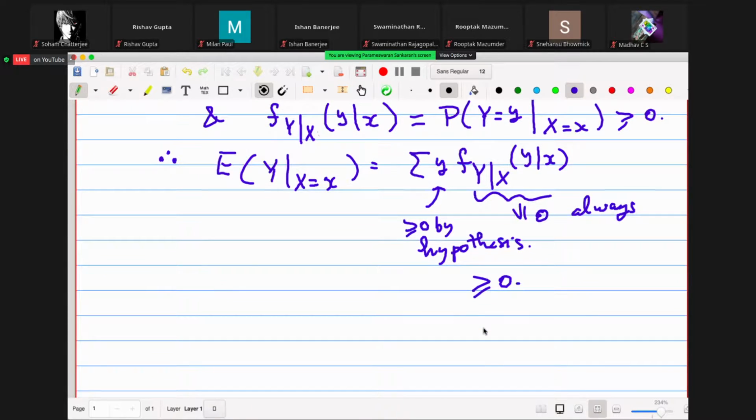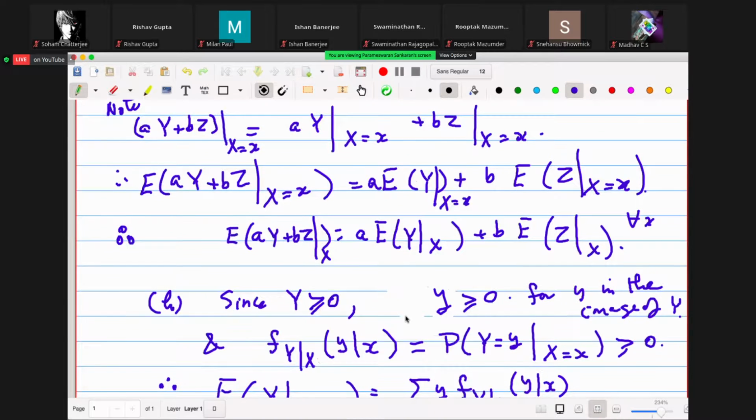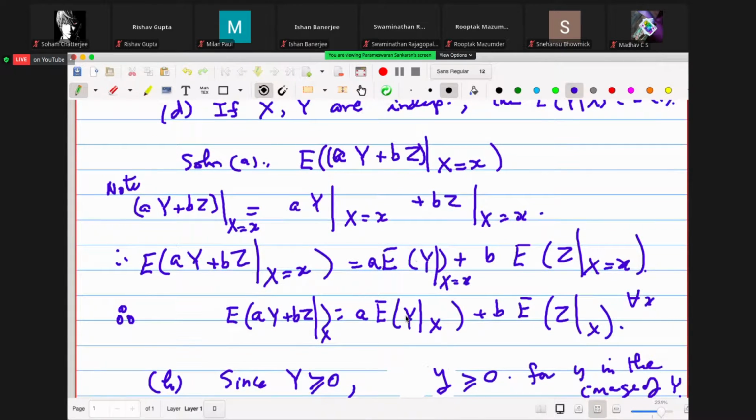And that means what? You see, this is a random variable which is a function of x. Therefore, E of y given x is bigger than or equal to 0. You see, we should realize that these are all functions of x.